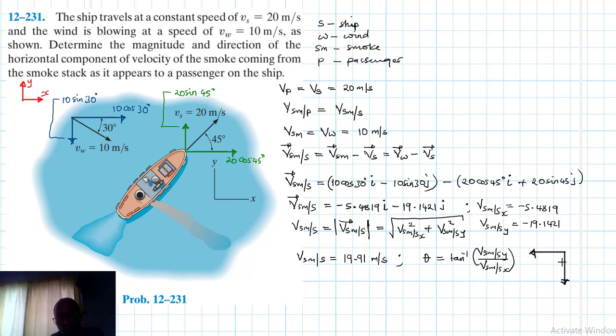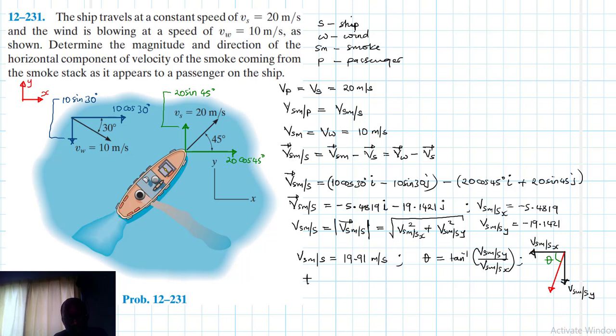The resultant will be closer to the bigger value, which is closer to the y, like so. And then we have this angle here, this is the angle that we are looking at, right? This is our V_SM/S y, and this is our V_SM/S x.